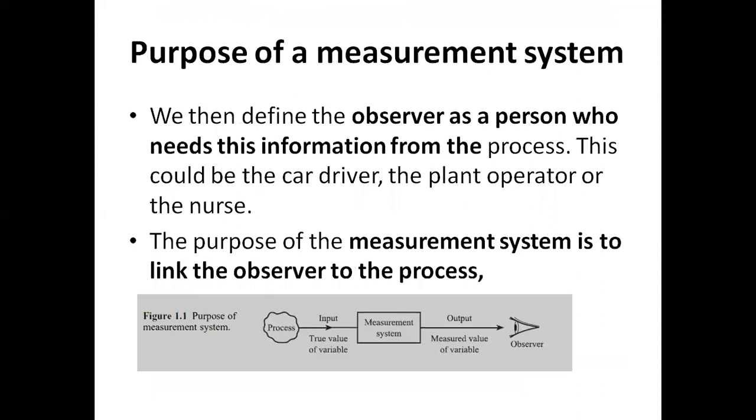Okay, so then let us also define one more term, the observer. And let us say the observer is a person who needs the information or who needs to access the information from the process. That is, for example, you as a driver need to know how fast this vehicle is moving, or you as the plant operator need to know what temperature the reactor is at any given point.